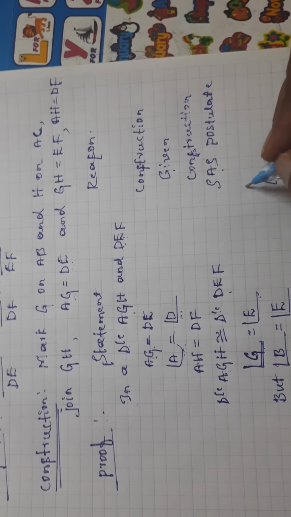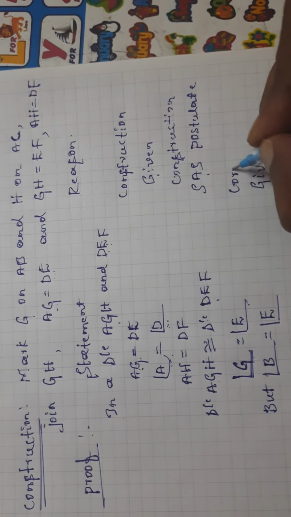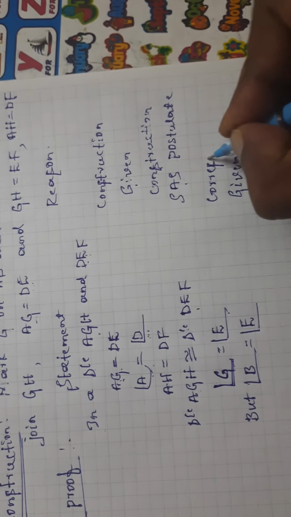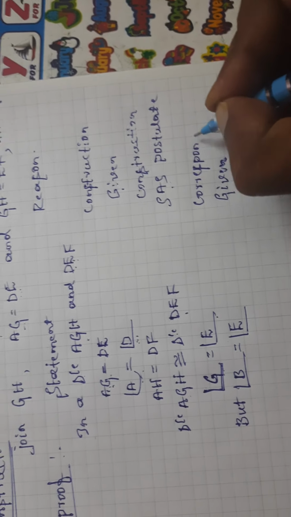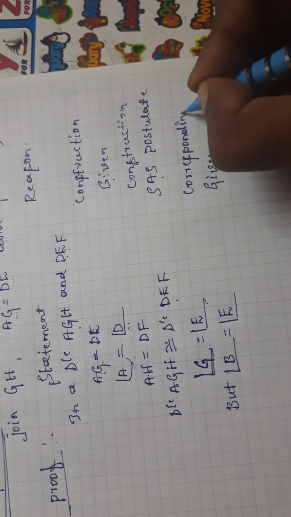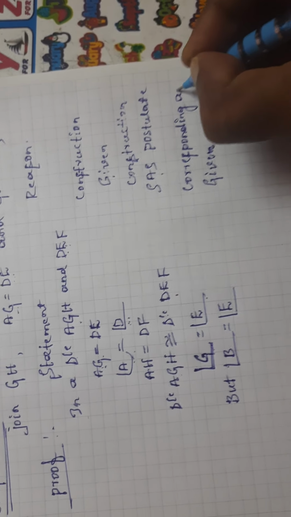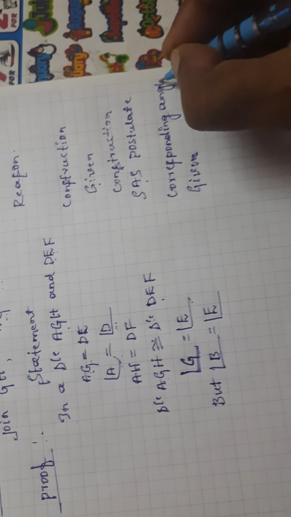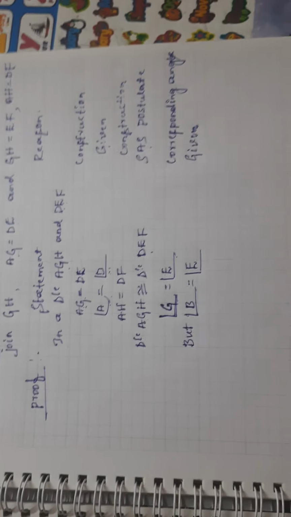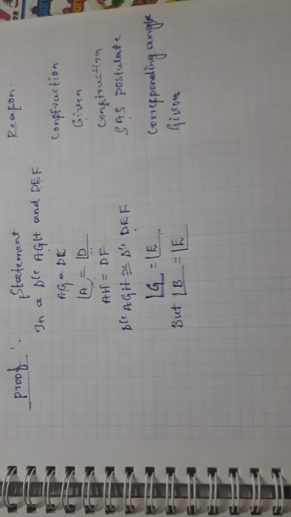G and E are corresponding angles of similar triangles.